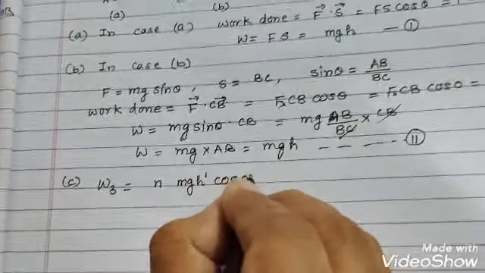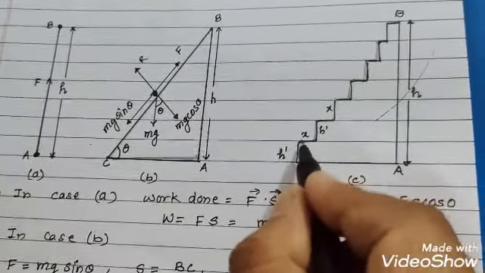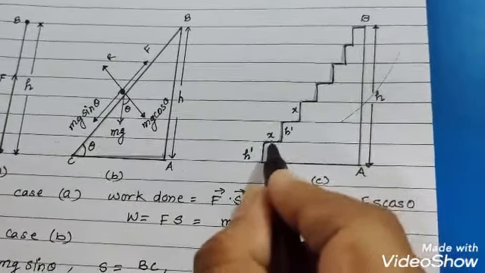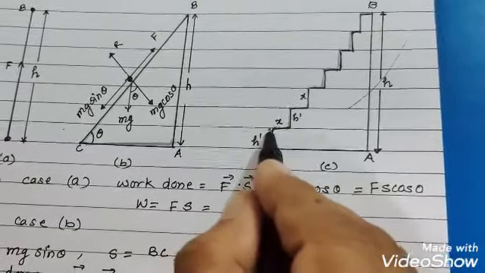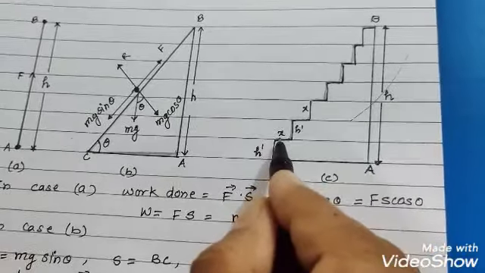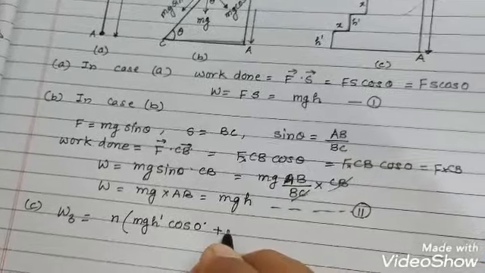This is n times the work done in the vertical displacement, plus the work done for the horizontal displacement. First I have taken the work done for the vertical displacement, that means h dash, and now I am taking the work done for the horizontal displacement, that is x. This time the force is working in the upward direction and the displacement is horizontal, so the angle between them is 90 degrees.